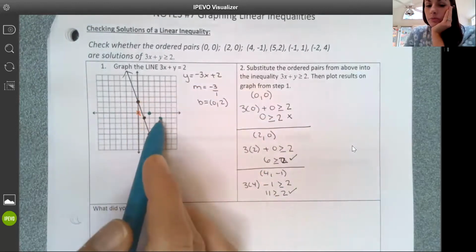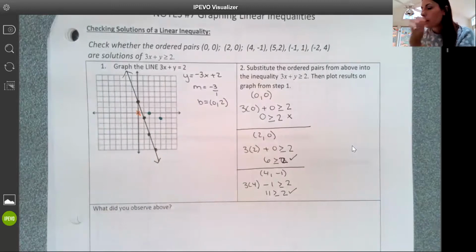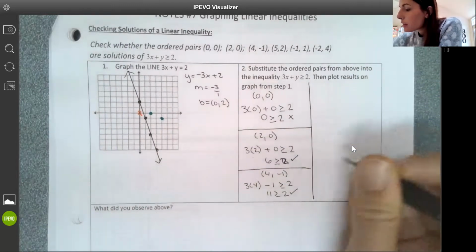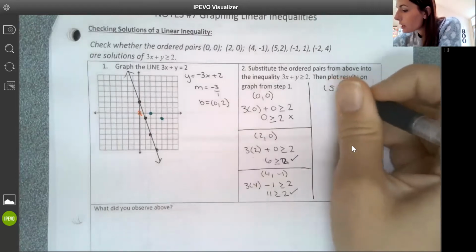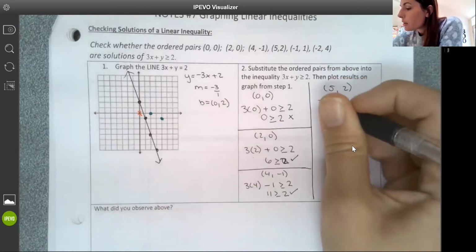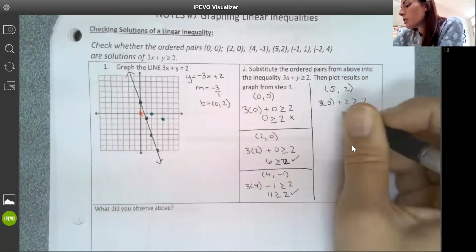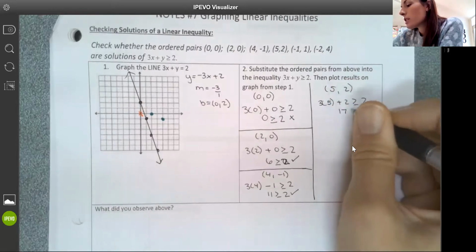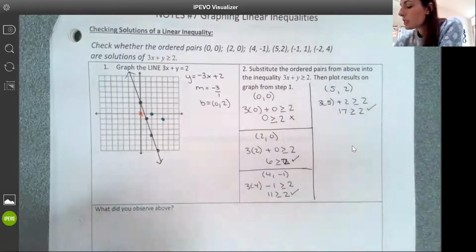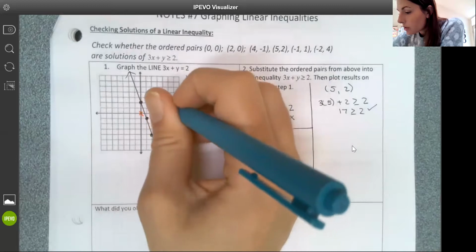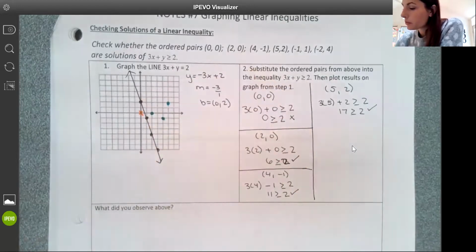That point worked. And now I'm going to continue checking points on the other side here. So I want to check 5, 2. 3 times 5 plus 2, is that going to be greater than or equal to 2? That's going to give me 17. 17 is greater than 2, so I'm going to plot 5, 2. This point worked.